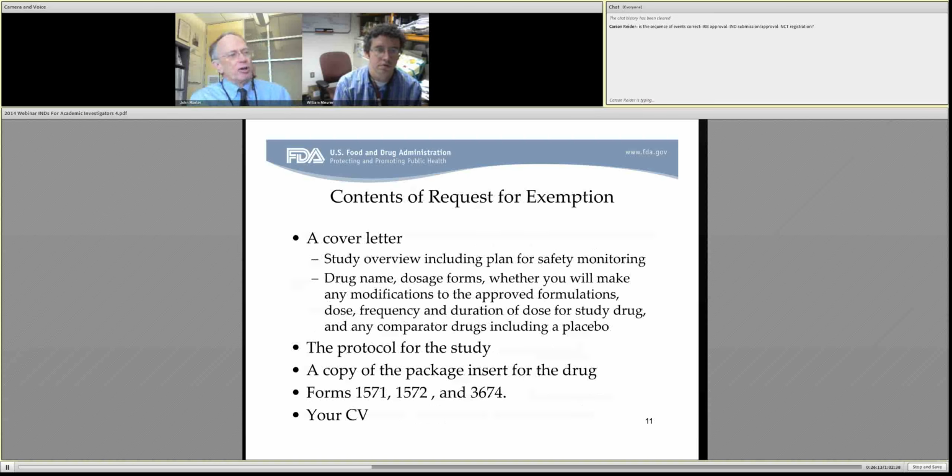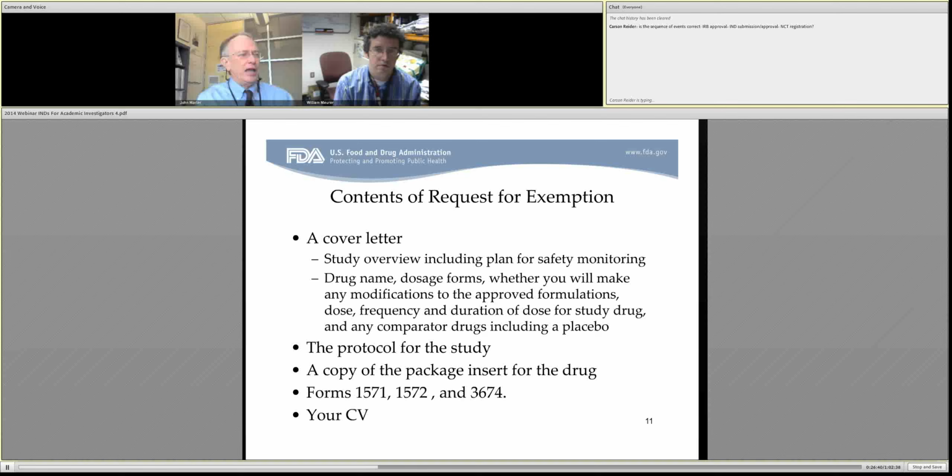And so I'm going to outline, if you want to write a letter to get FDA to agree that your project really is exempt, we ask you to send us a cover letter that gives a study overview, including a plan for safety monitoring.